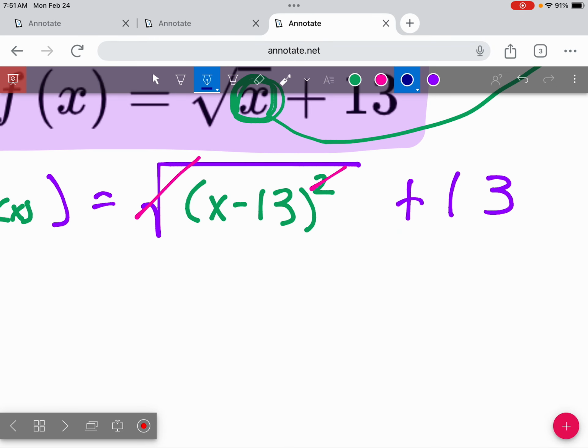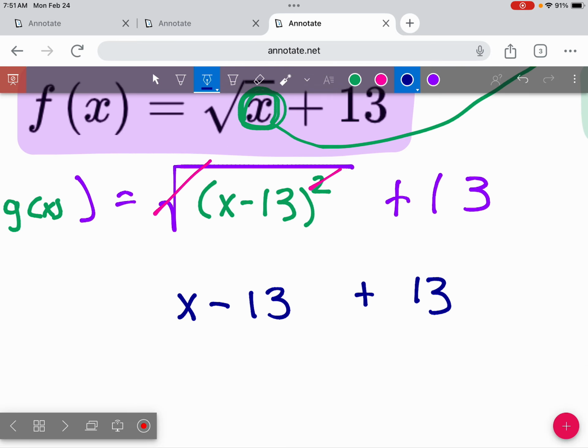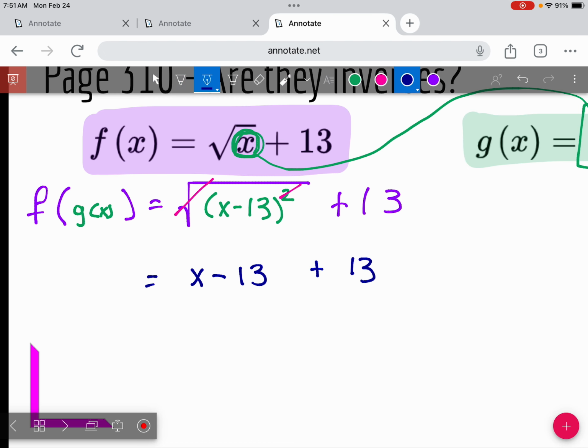So right now what we have is x minus 13 plus 13. I was putting pluses. As I say, watch out for signs. Signs are super duper important. So what does our f of g of x simplify down to be? Because we got x minus 13 plus 13, so we have x plus 0, or just x.